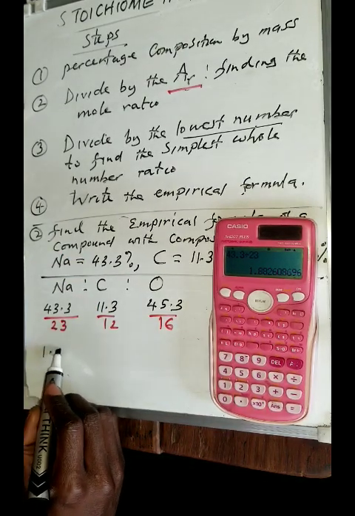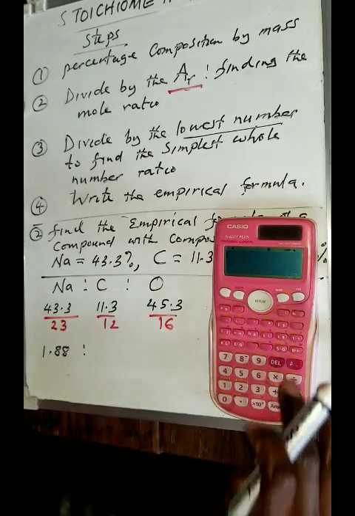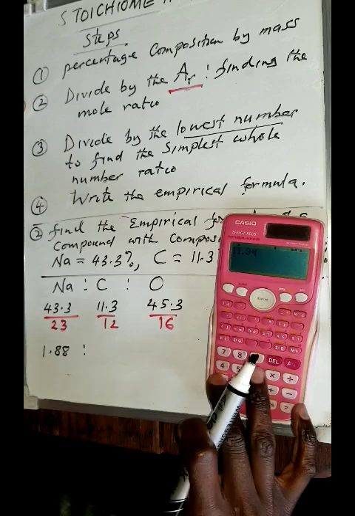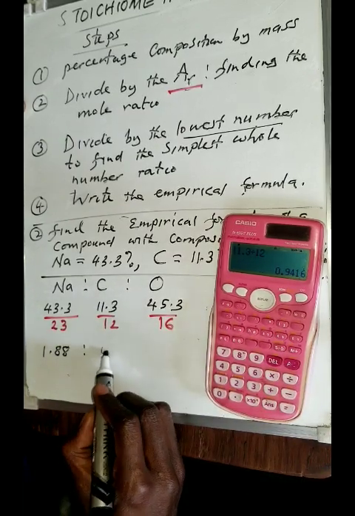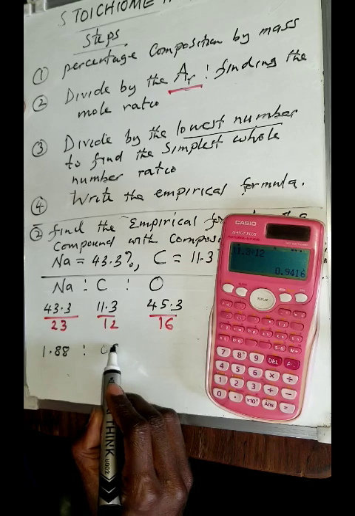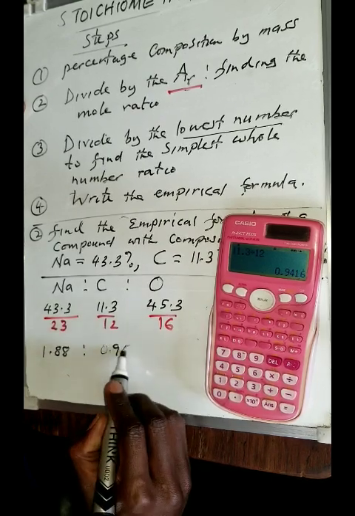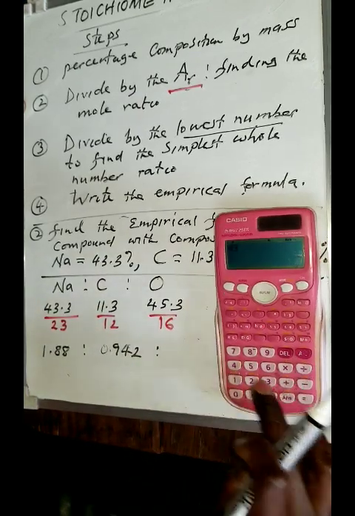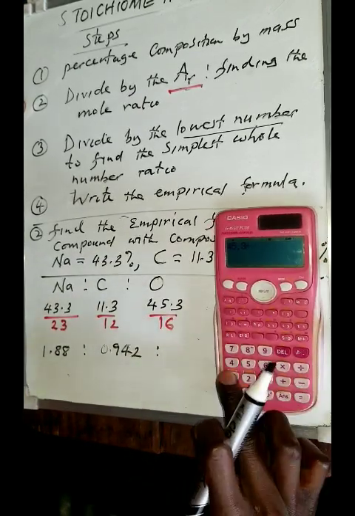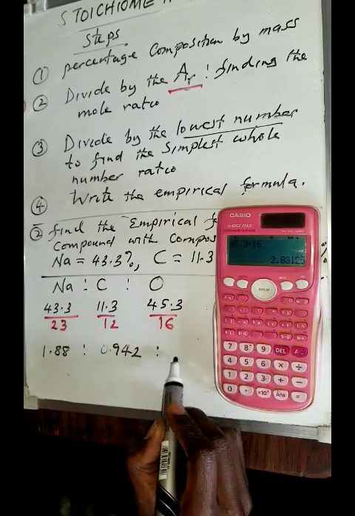It will give me 1.88. Then 11.3 divided by 12 is again going to give me 0.942. And the last one, 45.3 divided by 16, is going to give me 2.83.